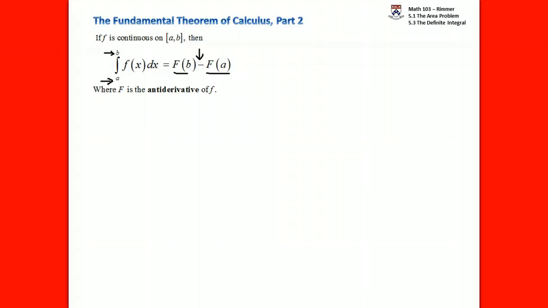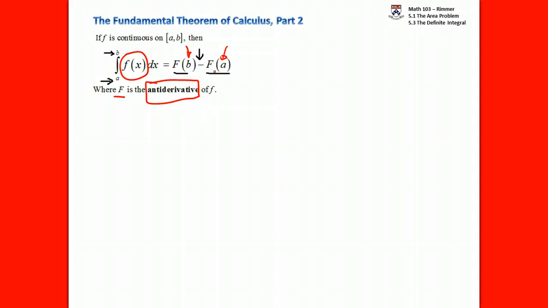It says this. If you want this symbol, if you want this area, please don't do a limit definition. Instead, if you can find the antiderivative, if you can do what we were doing back in section 4.8 on Friday, if you can find the antiderivative of that function, then all you need to do is plug in the upper endpoint to that antiderivative, plug in the lower endpoint to that antiderivative, and subtract those two things.